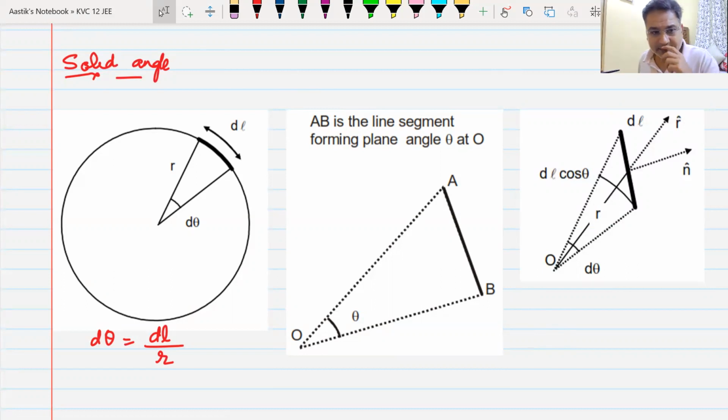This is a point that is given to you, and this is a line segment of length dl that is given to you.